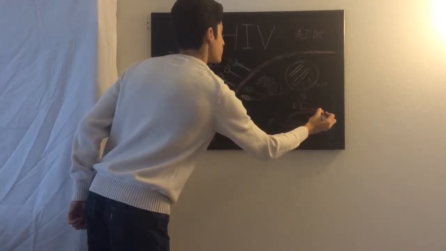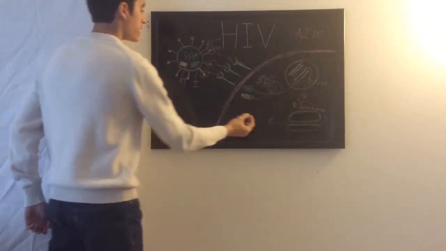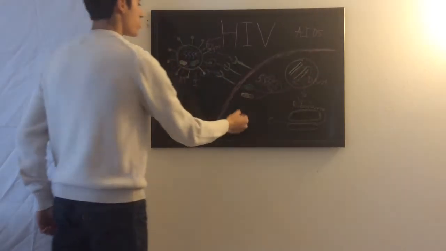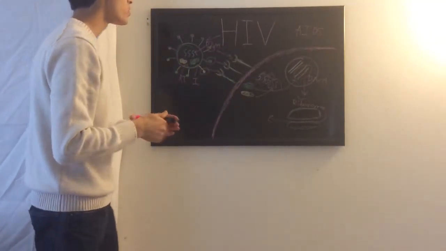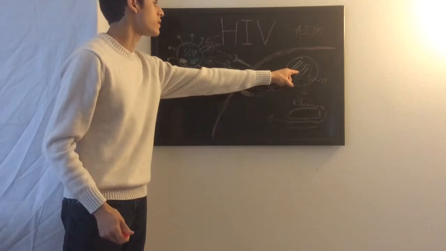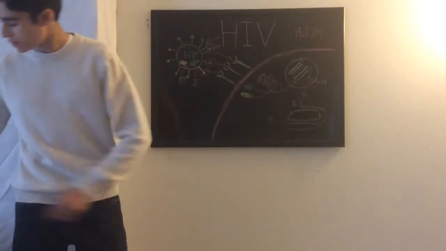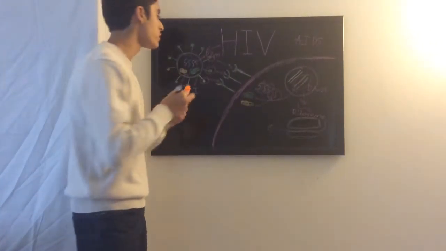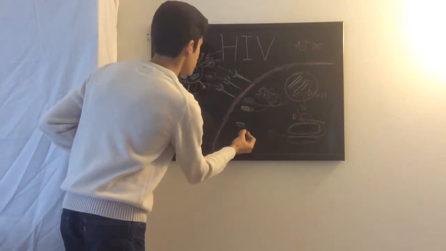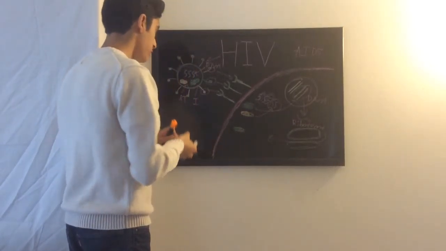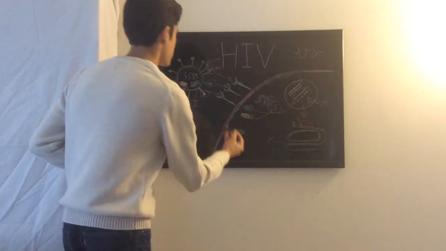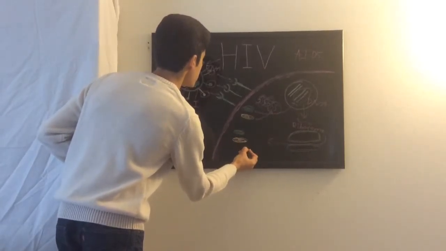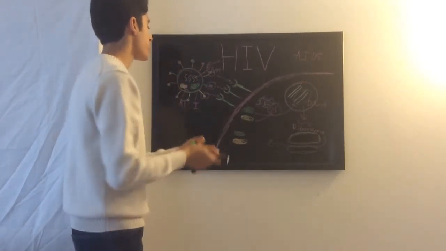It consists of proteins and RNA, and that makes the proteins. So when our genome has some viral information in it, it will then make these viral proteins, these viral enzymes right here, and it'll make many copies of these.